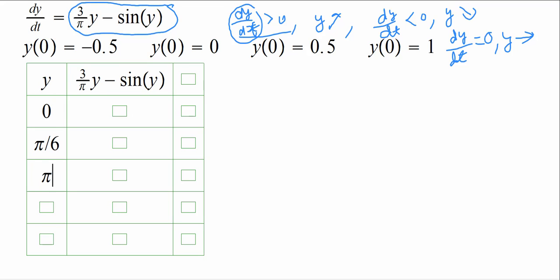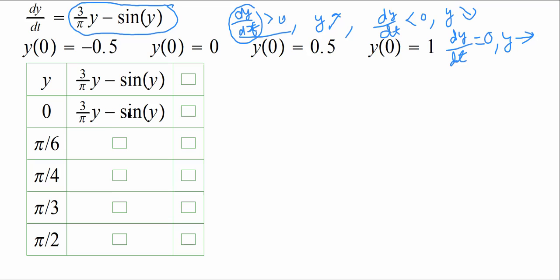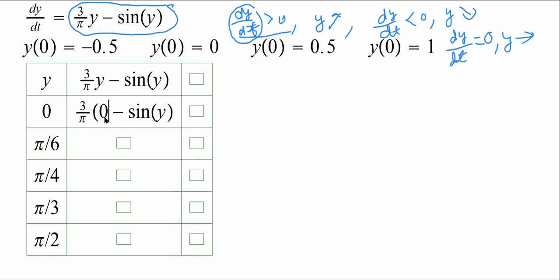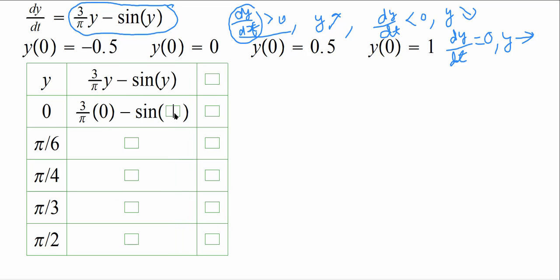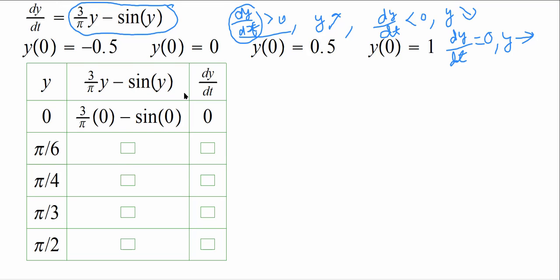So pi over 6, pi over 4, then pi over 3, and then say pi over 2. What we notice here is that when y is 0, we got 0 here and we got 0 here, and this value will of course be 0. Here we are writing whether this is positive or negative.